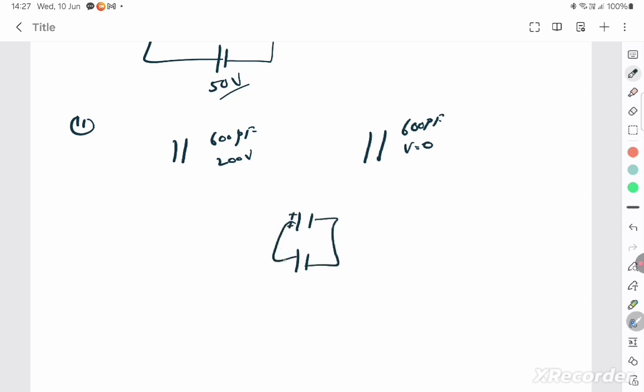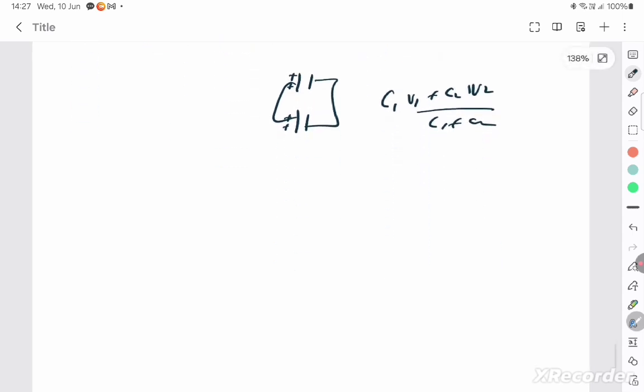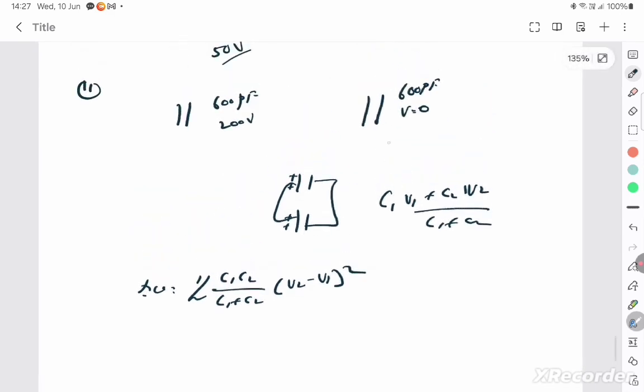In sharing we generally take positive and positive connected, and the common potential is (C1 V1 plus C2 V2) by (C1 plus C2), and the loss of energy delta U's formula is half into C1 C2 by (C1 plus C2) into (V2 minus V1) the whole square, in which one of the potentials is uncharged, so 0.